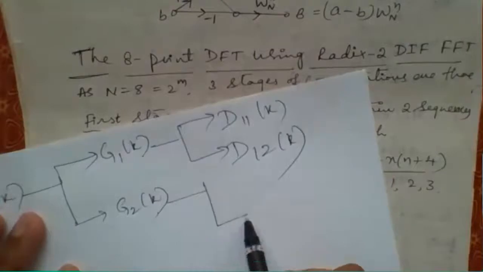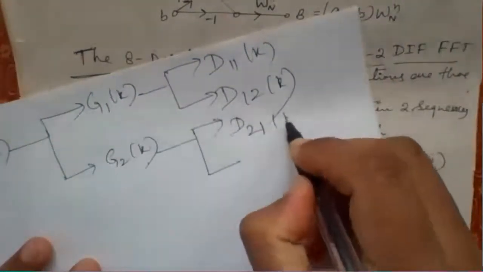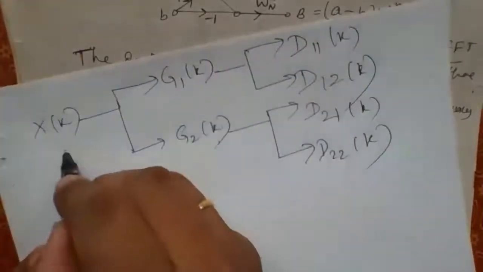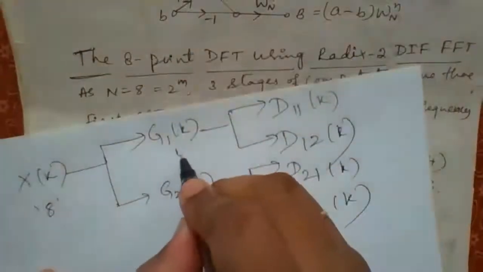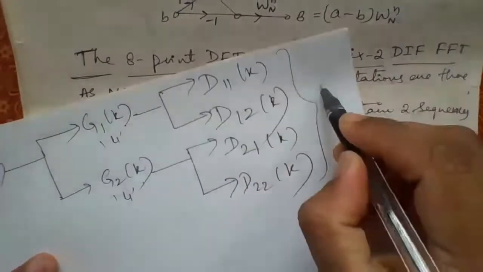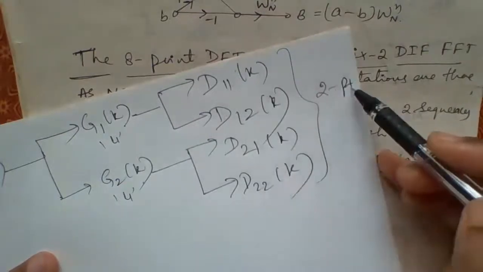Similarly, G2 is also decimated into two parts, which we call D21 of k and D22 of k. So X of k is an 8-point, G1 of k is 4-point, G2 is 4-point, and all these D's are 2-point. So all capital D's are 2-point DFTs.